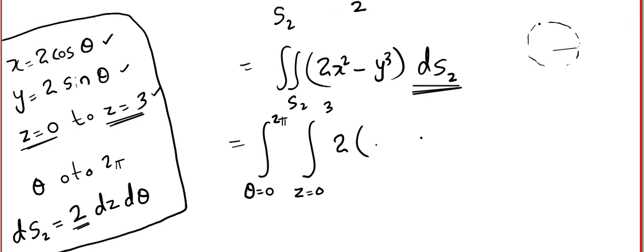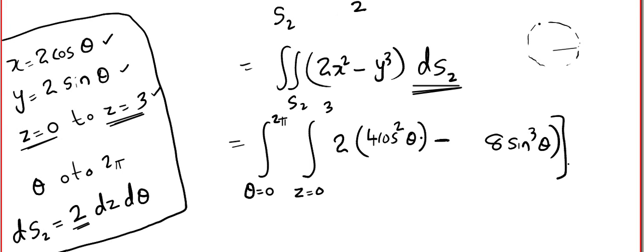So 2 into 4 cos squared theta minus 8 sin cubed theta, and the differential part will be given by 2 times dz d theta. You should remember r into the differential of the new variables.